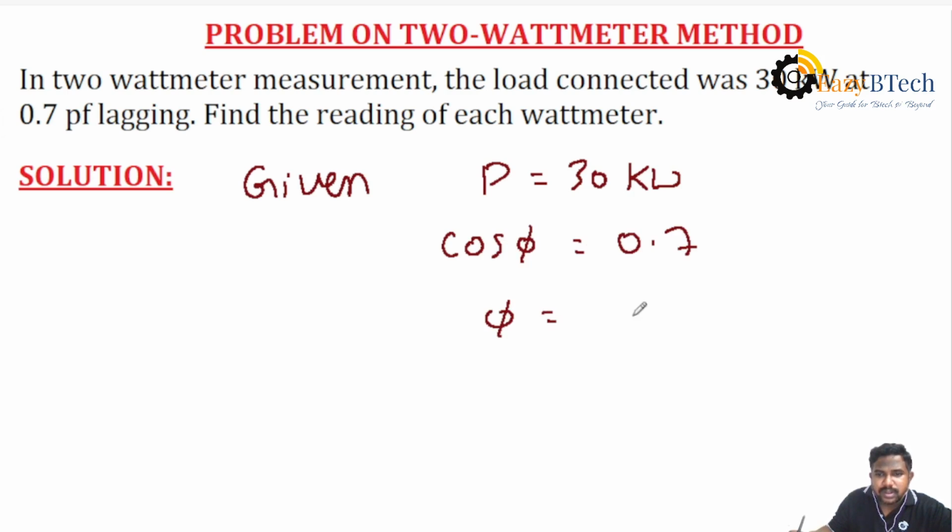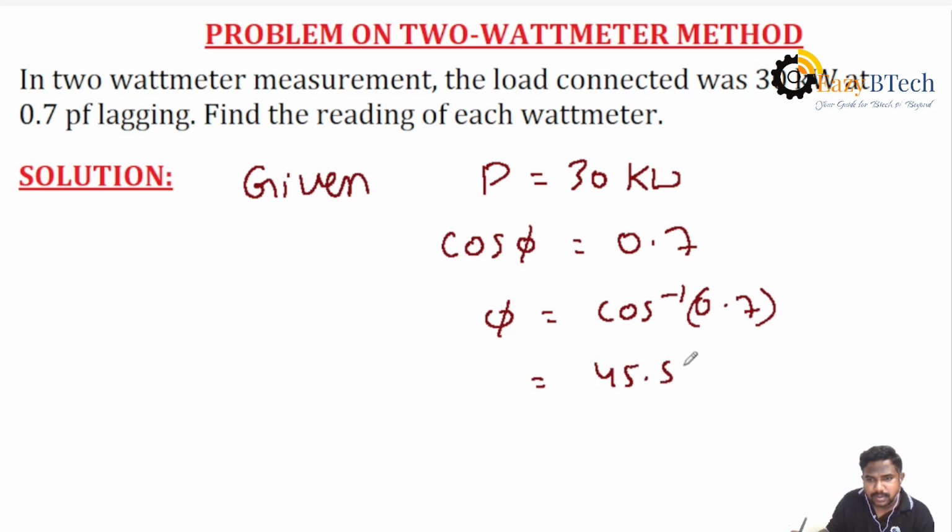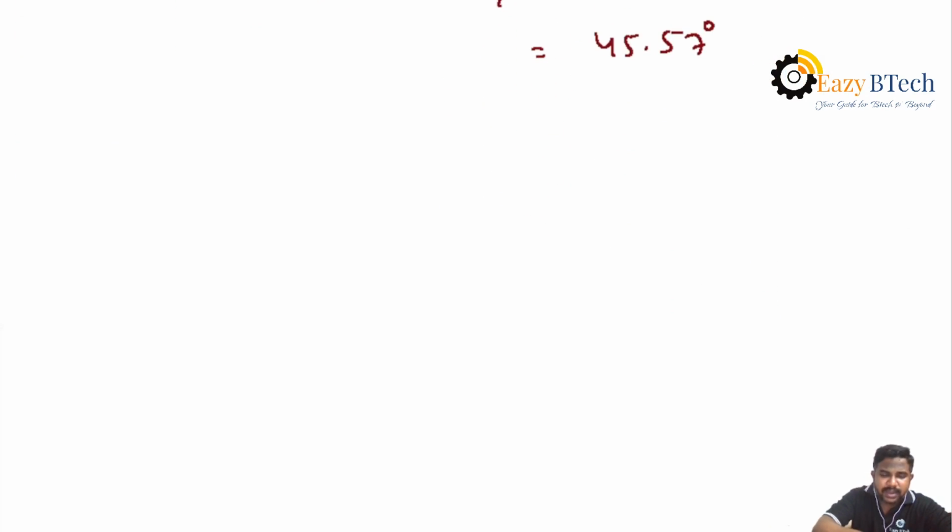From that, you have to find the power factor angle phi, that is cos inverse of 0.7. The angle is 45.57 degrees. First of all, you have to find the power factor angle phi.